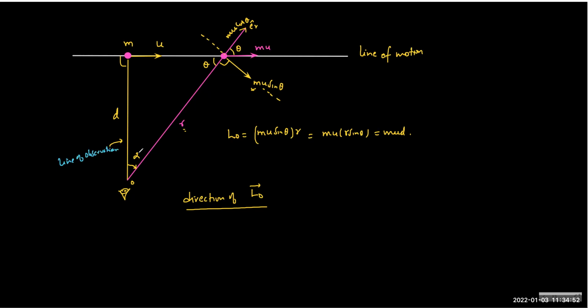So tell me, is the line of observation turning clockwise or anti-clockwise? Clockwise. So the direction of L0 will be taken in the sense in which the line of observation is turning.